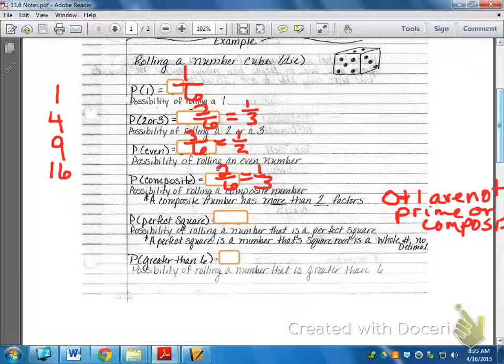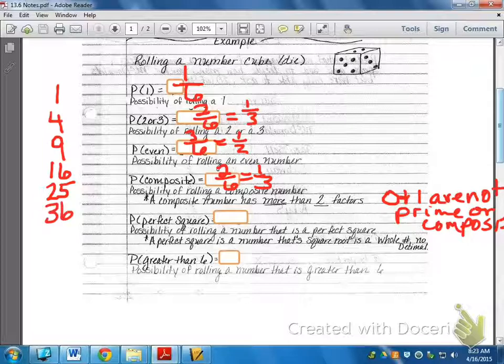So Brady, what's the next one? What's after 16? Morgan, what's the next one? 25. Morgan, tell Brady how you got 25. 5 times 5 equals 25. Okay, Brady, what's the next one? 36.